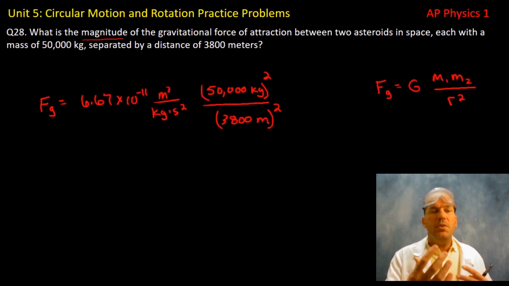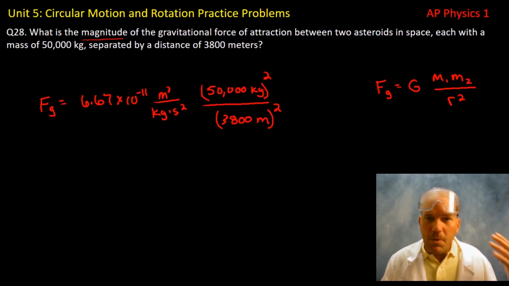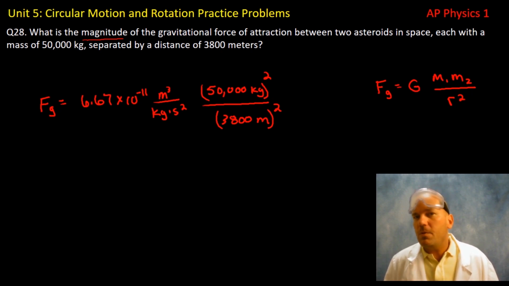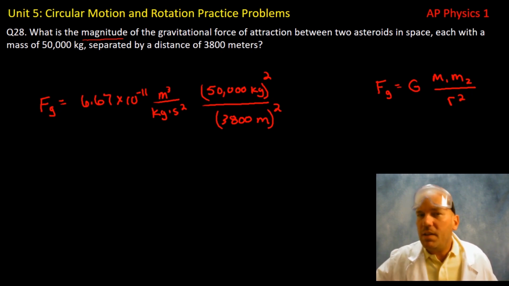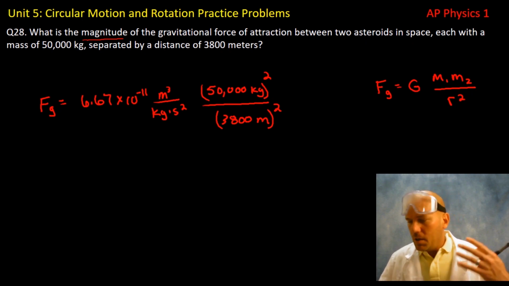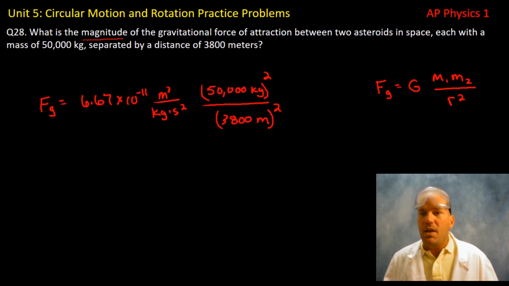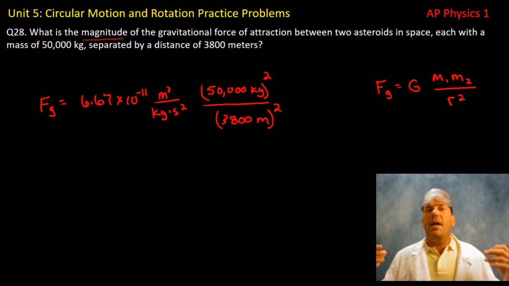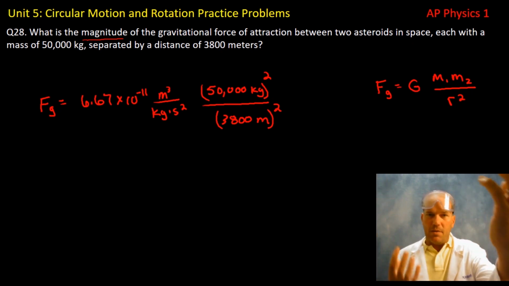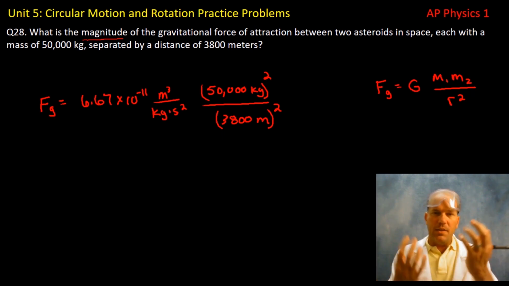So we're going to use the fact that we know the expression for the force of gravity is equal to, and this is Newton's universal law of gravitation, our constant big G multiplied by our two masses, because we have two objects, all right, in this.